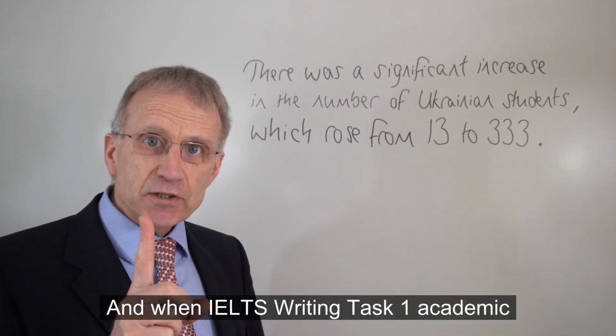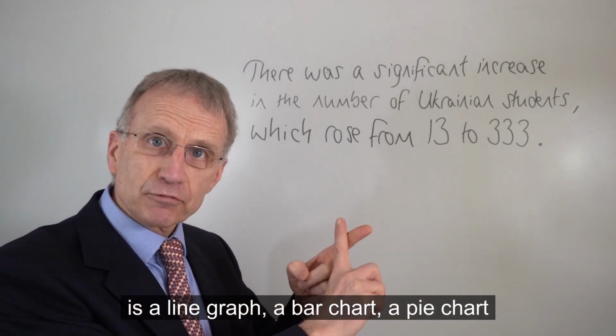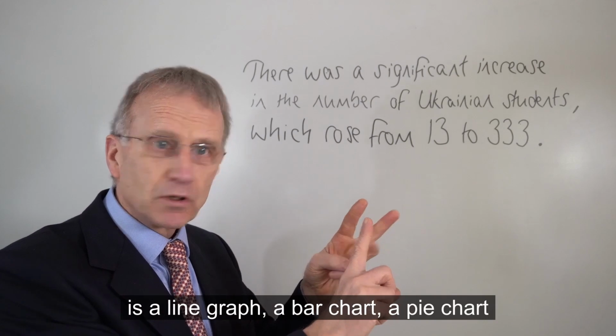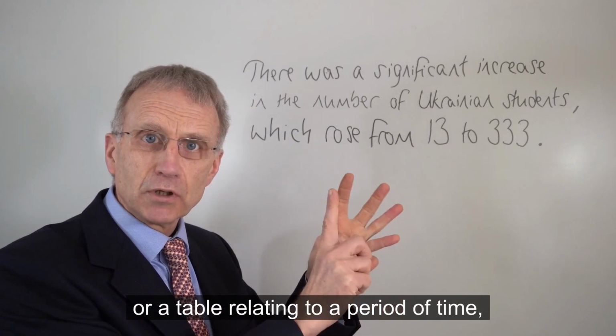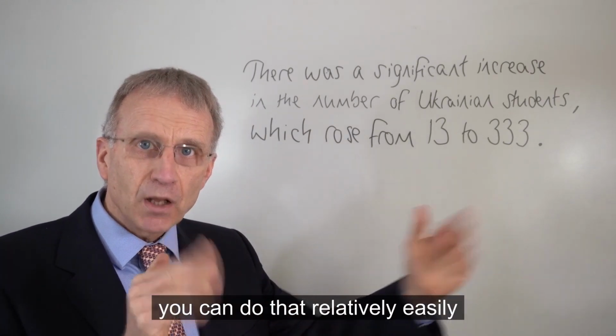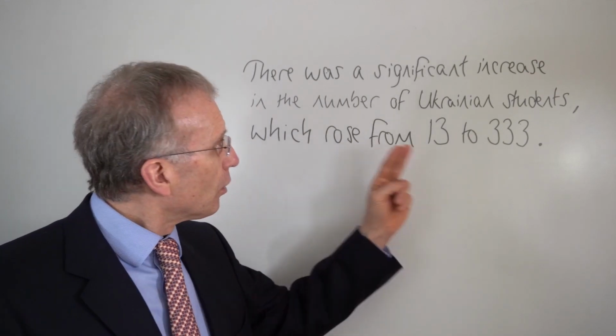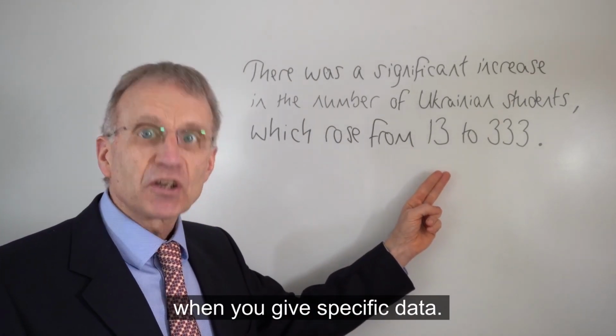And when IELTS Writing Task 1 Academic is a line graph, a bar chart, a pie chart, or a table relating to a period of time, you can do that relatively easily when you give specific data.